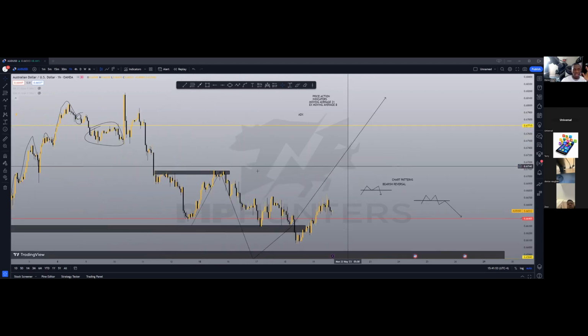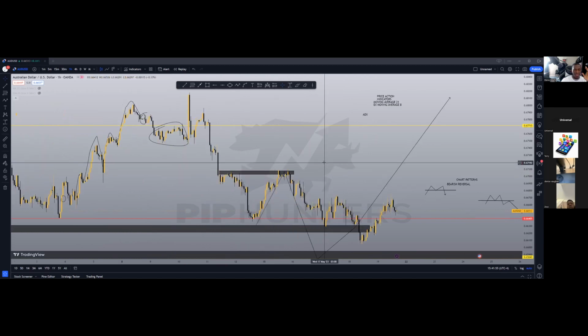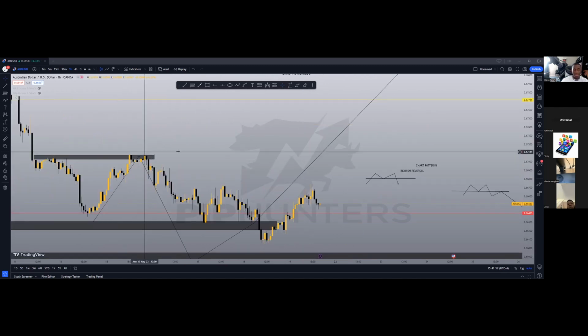Like in this scenario right here, we can see that this is a double top pattern. Price was moving in an uptrend, came and found a certain level of resistance. We have not yet gone into support and resistance, but it found a level of resistance, and then it gave us a double top pattern. You see what I was just drawing there.